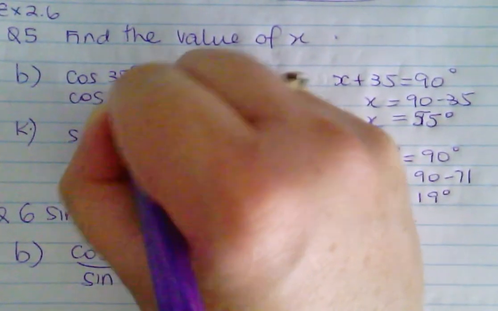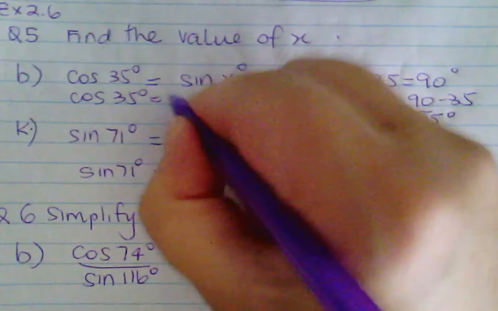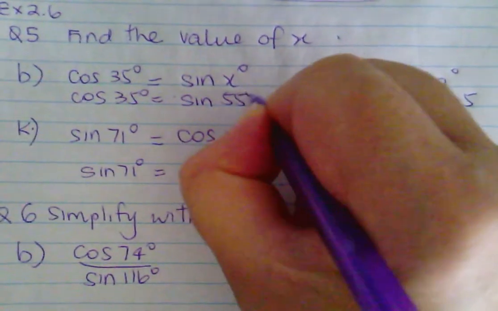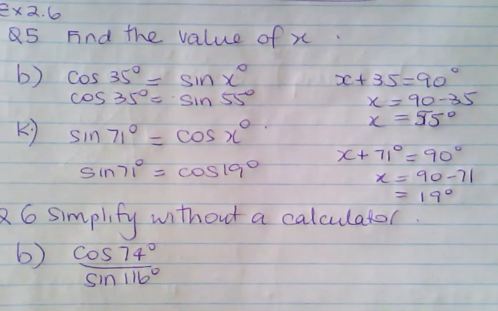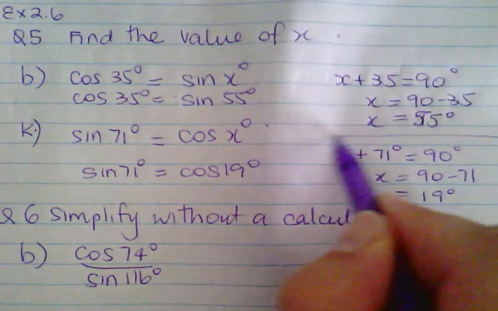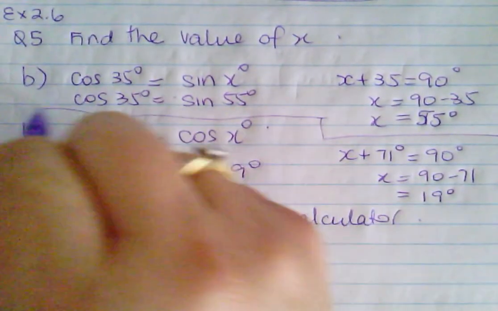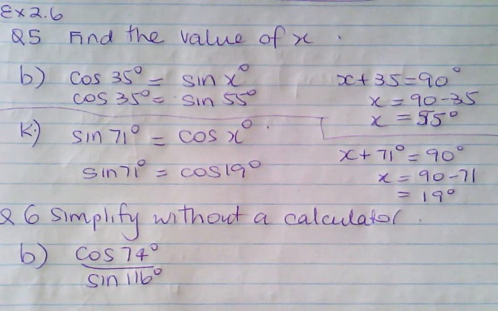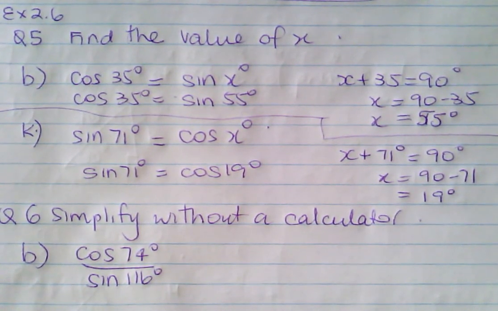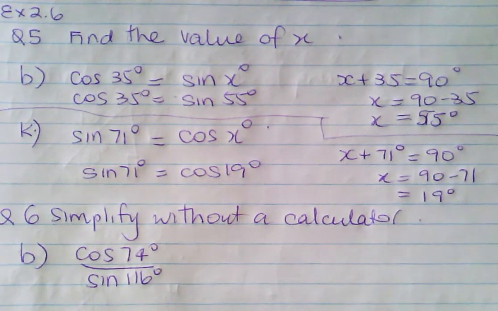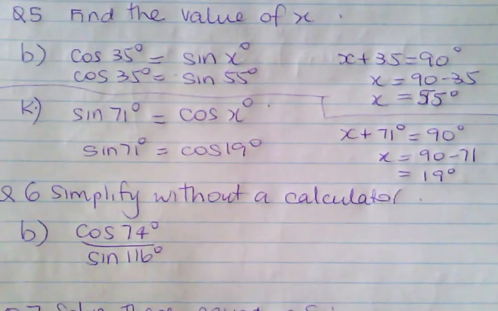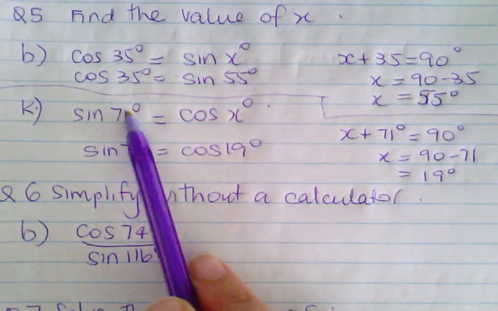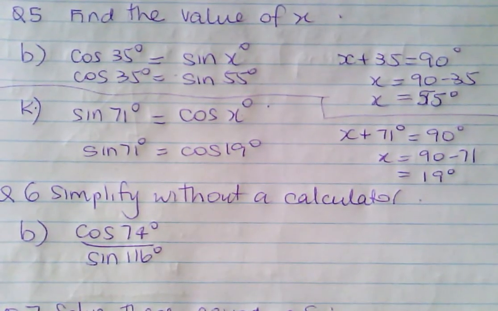If you go to your calculator, you're not going to get exact answers for these, you will get a decimal answer. If you do cos 35, jot it down, you'll see that sine 55 is exactly the same answer. So basically, that and that add up to 90. That's it.